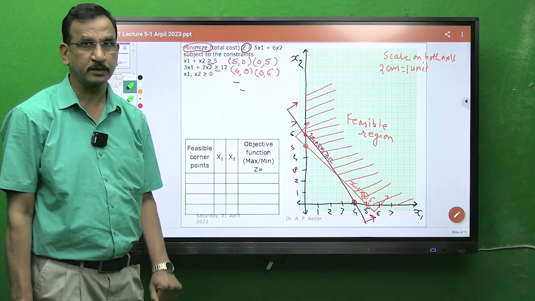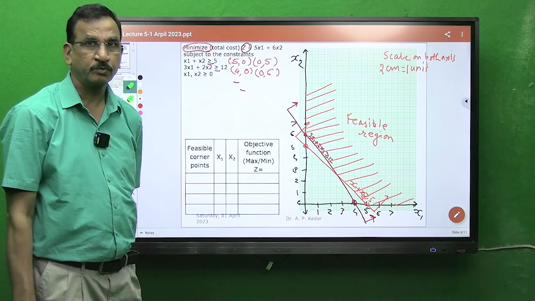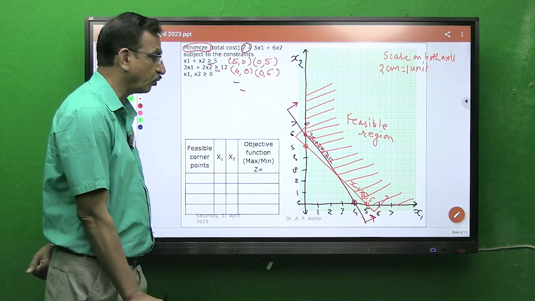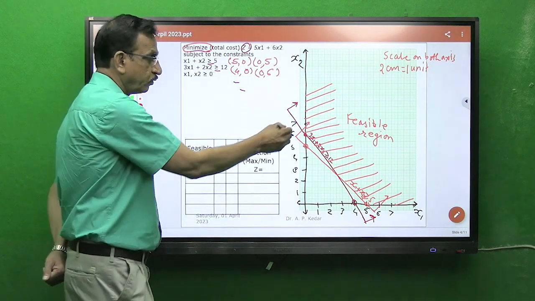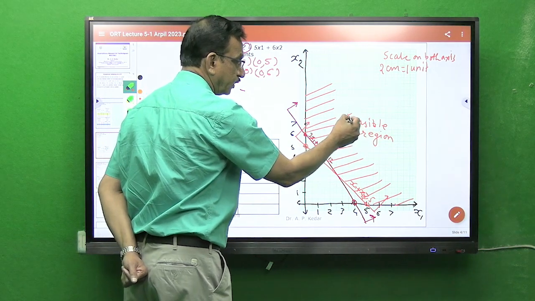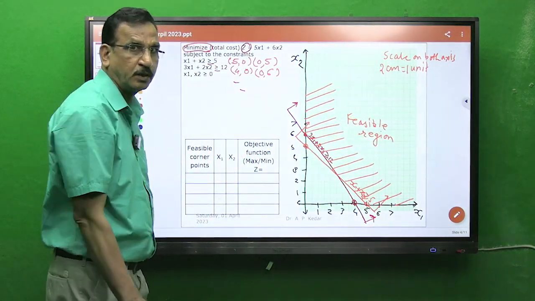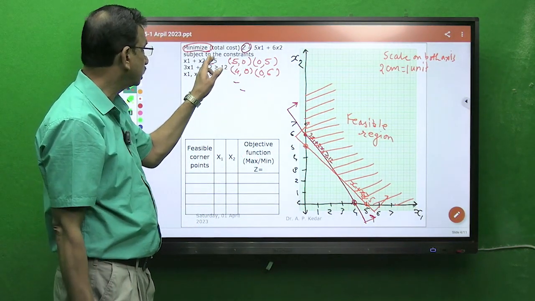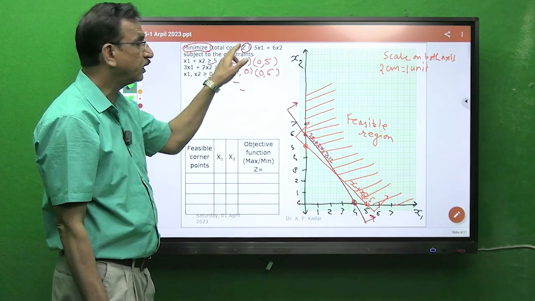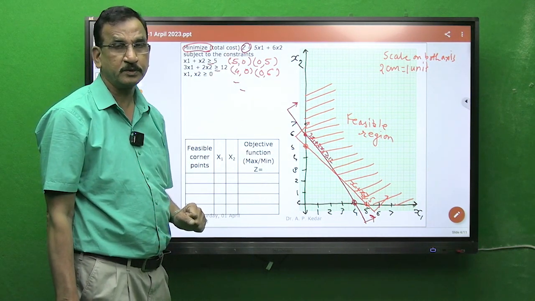So you have to be alert. Again, what we have to do is identify the coordinates of the feasible region, coordinates of this feasible region which satisfy the constraint equations and optimize the minimize function.